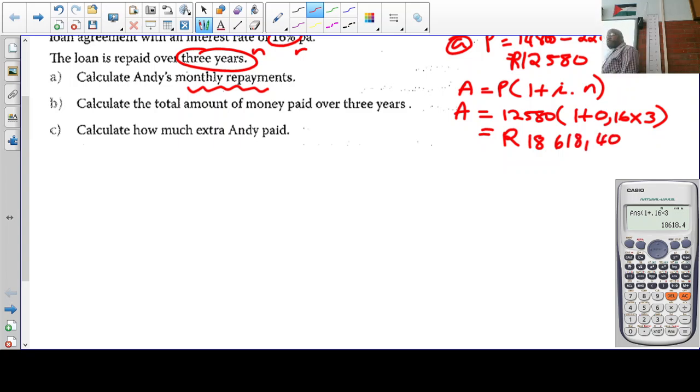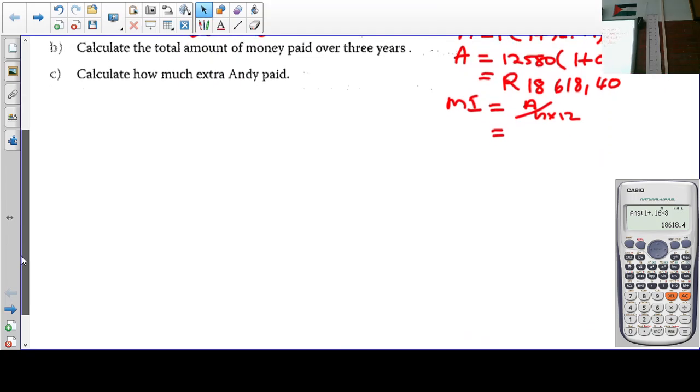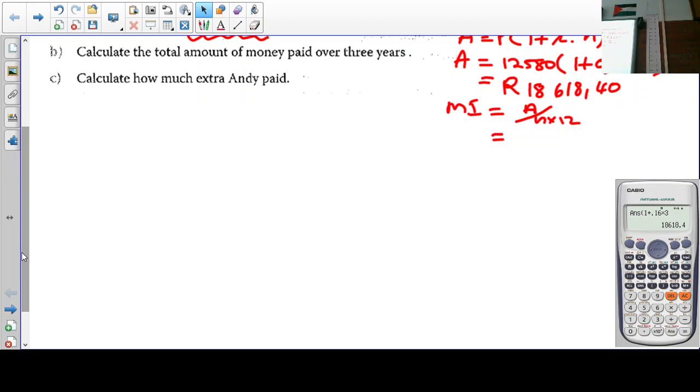But that hasn't answered the question. They want to know the monthly installment. How do you calculate monthly installment? It's A over N times 12. I can just say 18,618 rand and 40 cents. How many months are there in 3 years? 36.